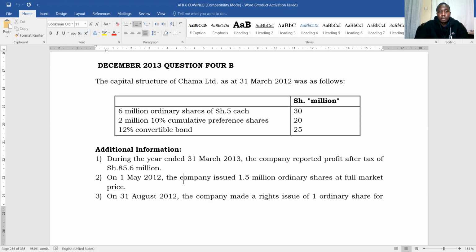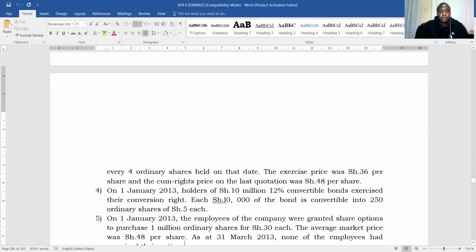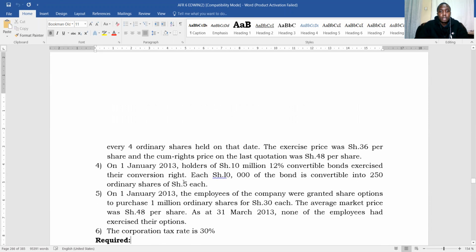On 31st August 2012, the company made a rights issue of 1 ordinary share for every 4 ordinary shares held on that date. The exercise price was shillings 36 per share, and the cum-right price on the last quotation was shillings 48 per share.